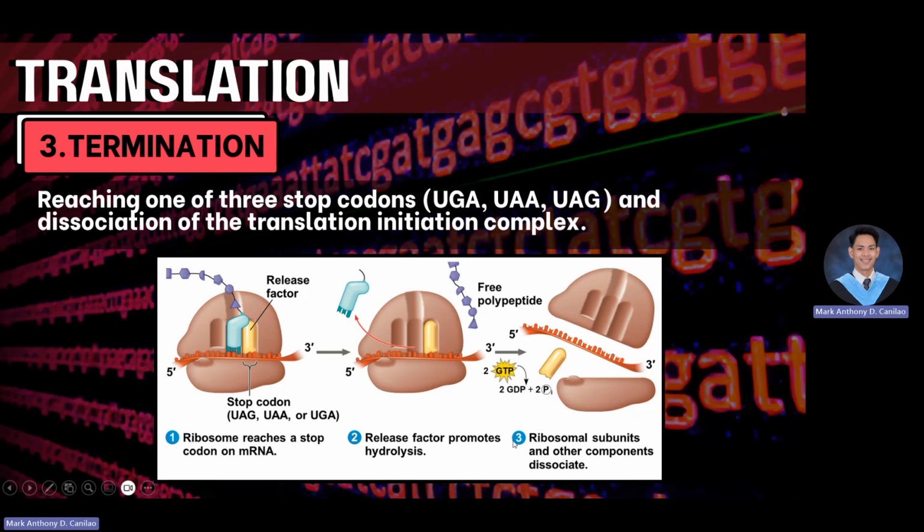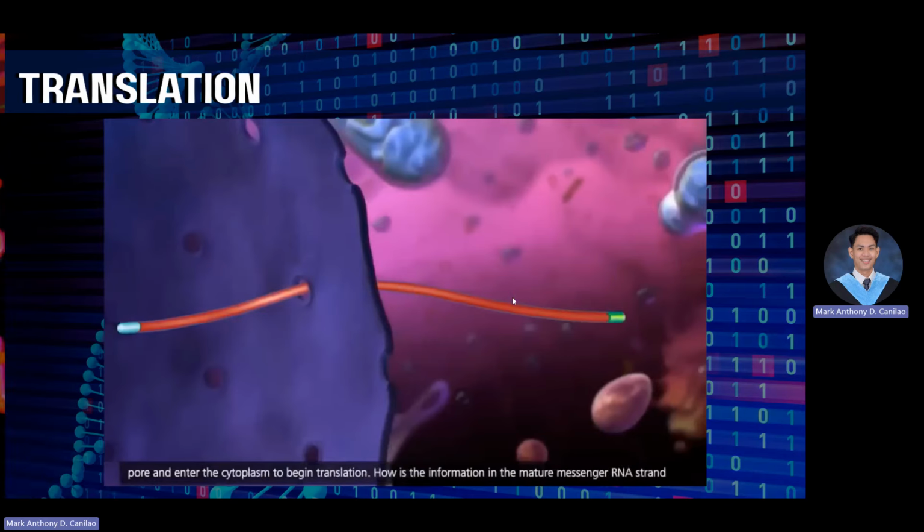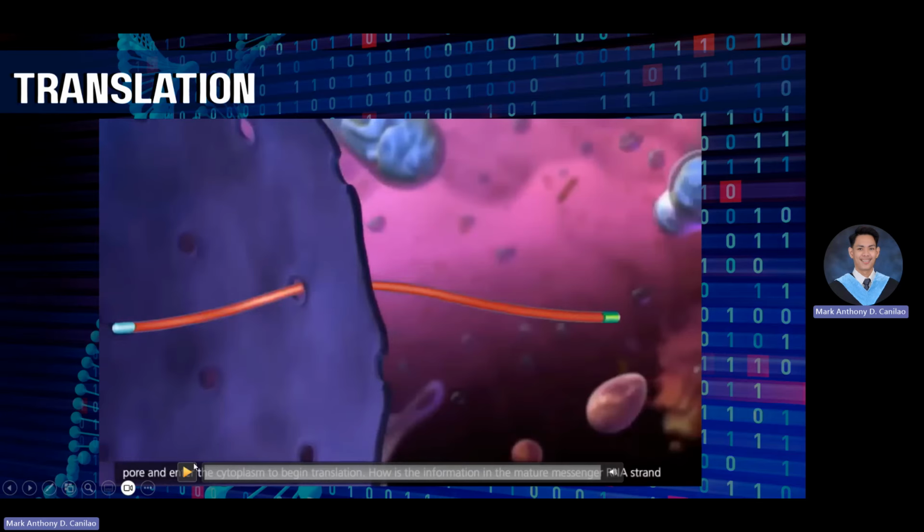And at the end, the ribosomal subunits and other components will dissociate. So the large subunit will be dissociated, the small subunit will be dissociated, the mRNA transcript will be dissociated, and we will also have a free polypeptide chain. So again, this video showcases the summary of the translation process.